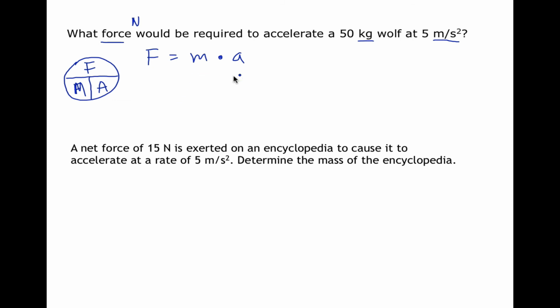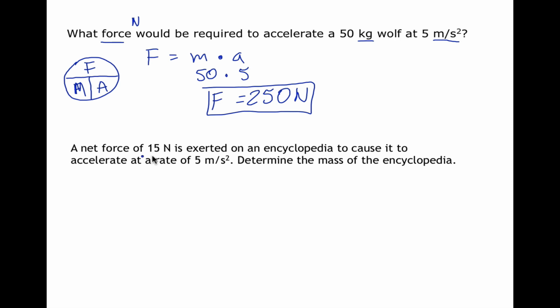We'll just plug these things in. 50 times 5 gives us 250 newtons. So you would put F equals 250 newtons, and that would be your answer. Make sure that you include your units, otherwise it's just 250, and that could be 250 of anything. Make sure you include your units and show your work, otherwise you're not going to get the points.